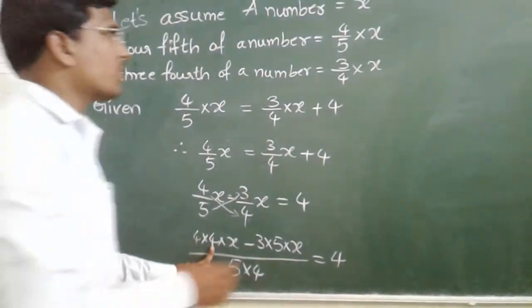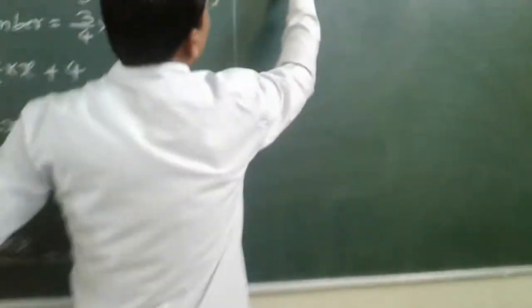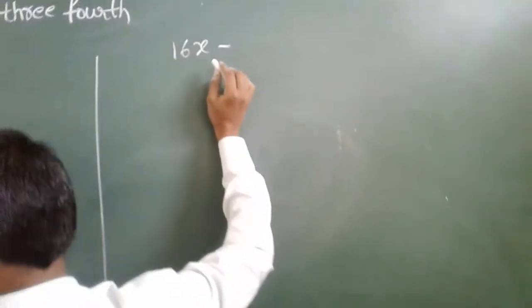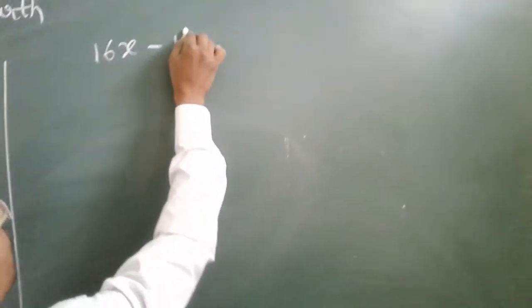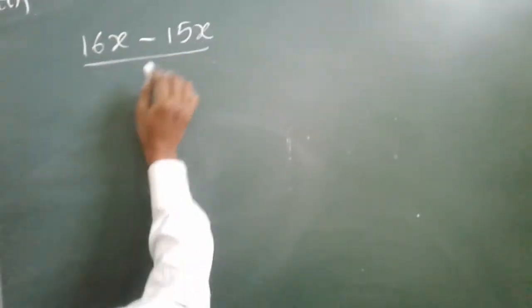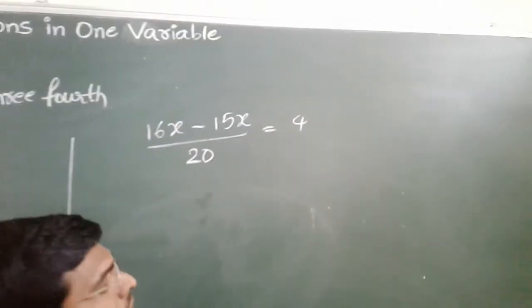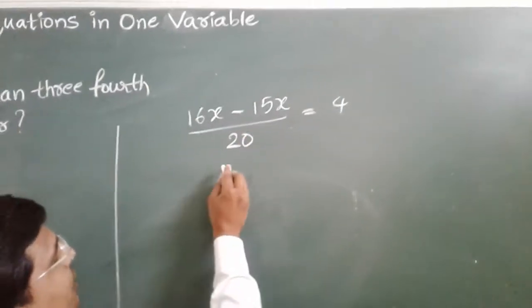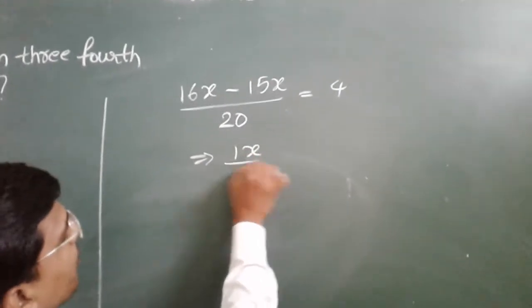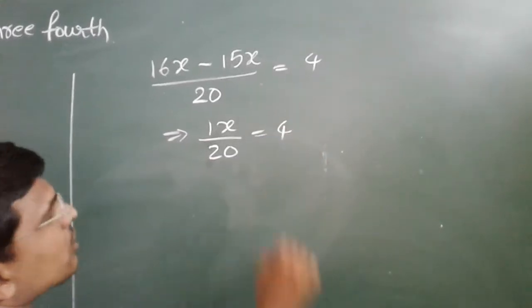See, 4 into 4, 4 fours are 16x, minus 3 fives are 15x, by 5 into 4, 20. So 16 minus 15 is 1x by 20 is equal to 4.